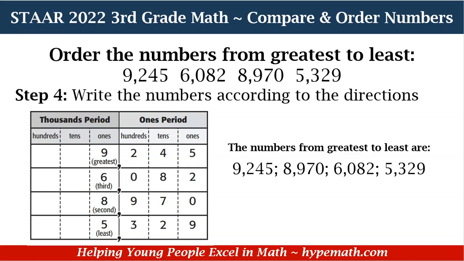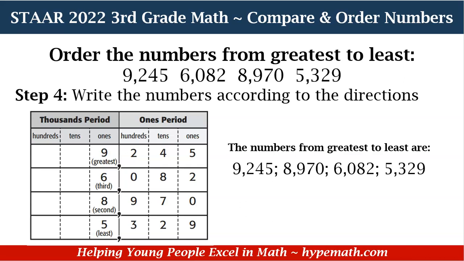Great. So we're looking at our numbers. Again, we're only laser focusing on 9, 6, 8, and 5, and that's what we're going to order. Well, if we're going from the greatest, which means the biggest number, to the least, which means the smallest number, our greatest number is 9.